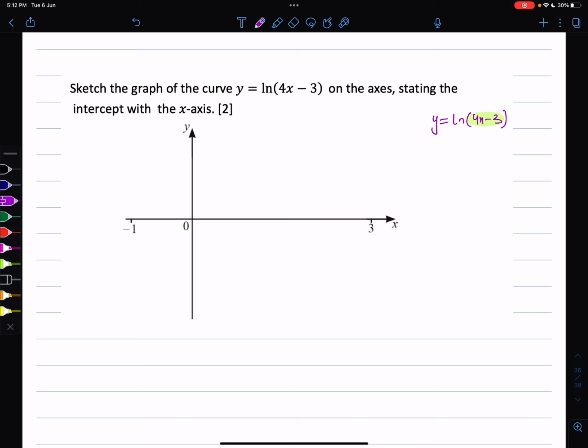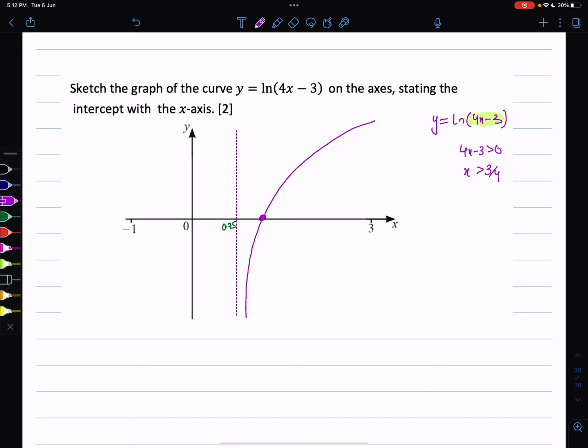So 4x minus 3 must be greater than 0, and x must be greater than 3 upon 4. 3 upon 4 means 0.75. So we are going to draw a vertical line at 3 upon 4, somewhere around here, 0.75 or 3 upon 4, and then the basic graph is going to be like this.